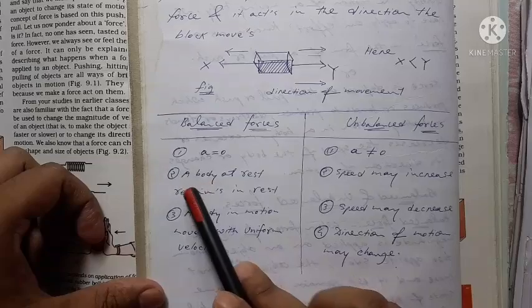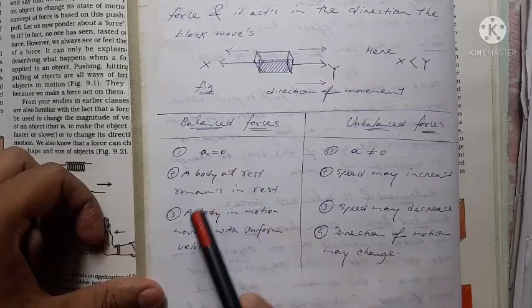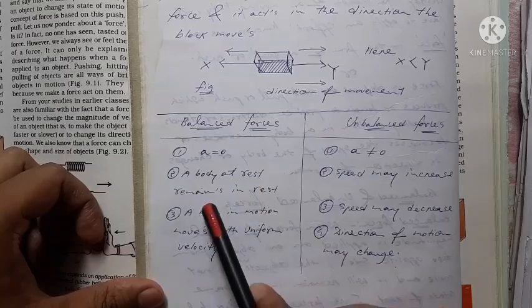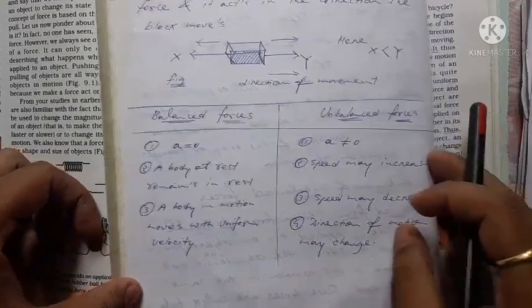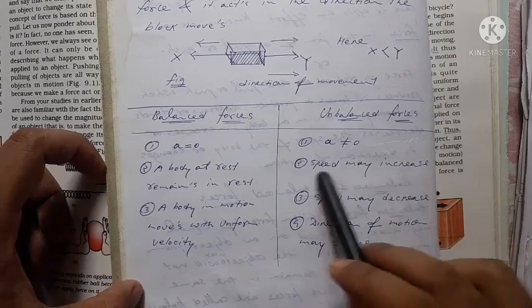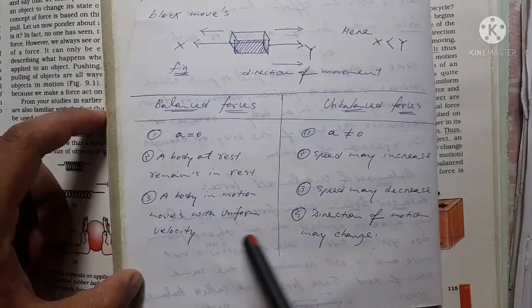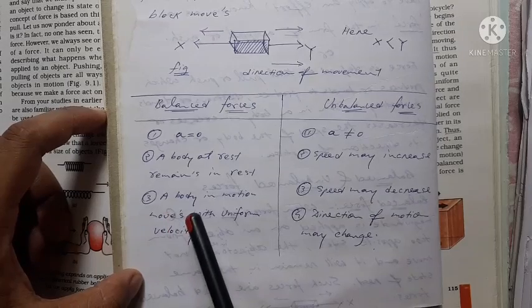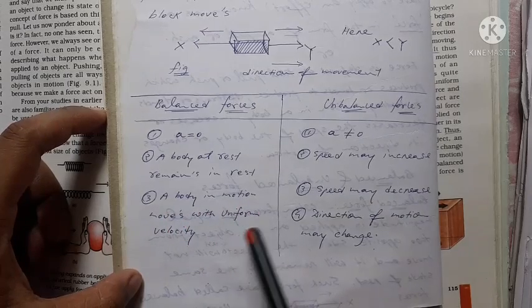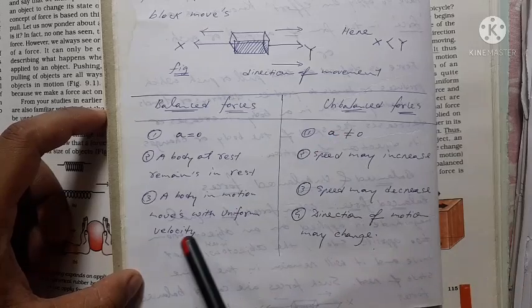The second point: in case of balanced force, a body at rest remains at rest, it is not moving. But in case of unbalanced force, speed may increase because the body starts moving. The third point: a body in motion moves with uniform velocity. A body which is already in motion moves with uniform velocity.